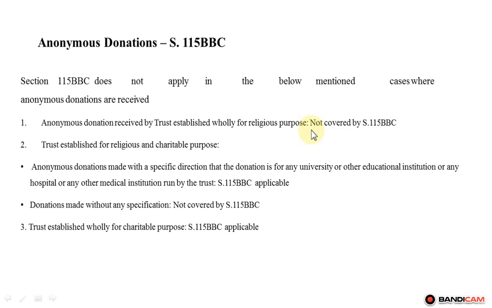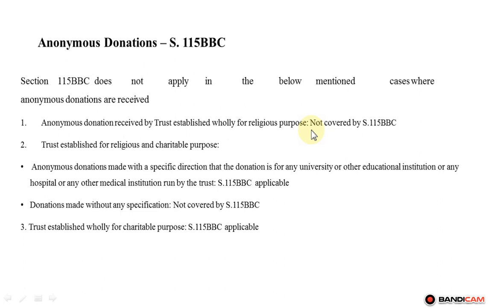It means that if an anonymous donation is received by a university, educational institution, hospital or medical institution run by the trust, then section 115BBC is applicable. Then a donation made without any specification: if an anonymous donation is received by the trust but no specification is given, then this donation is not covered under section 115BBC.